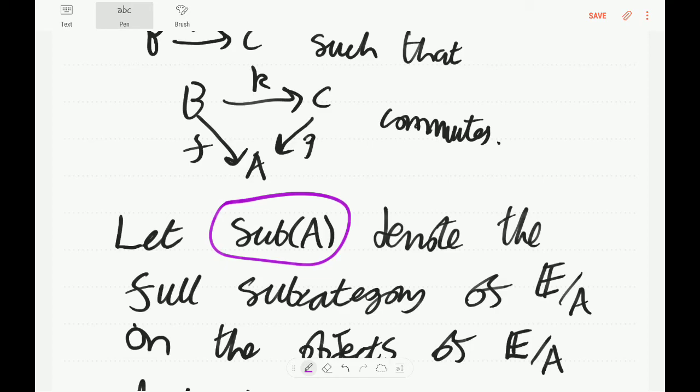If I can understand that relationship, then I'll really understand one of the most important things in all this topos theory.